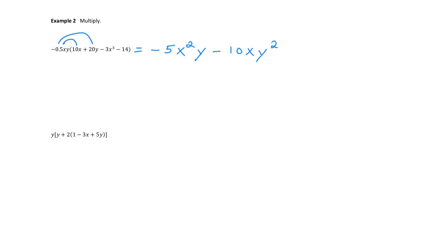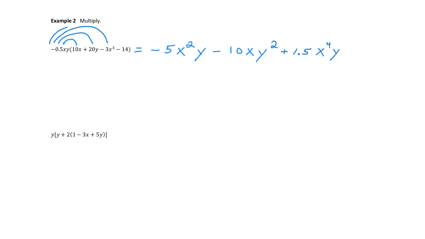I have 2 terms remaining to distribute to. I have to multiply this to this negative 3x cubed. So now we're going to get something that's positive. A negative times a negative is a positive. 0.5 times 3, that's 1.5. Just use a decimal. I have x cubed times x, that's x to the 4th. And then y again tags along.